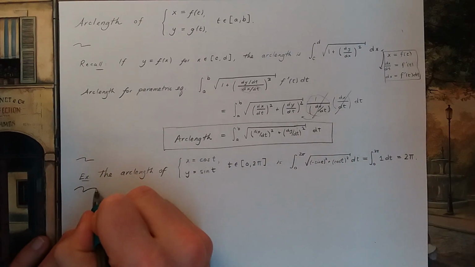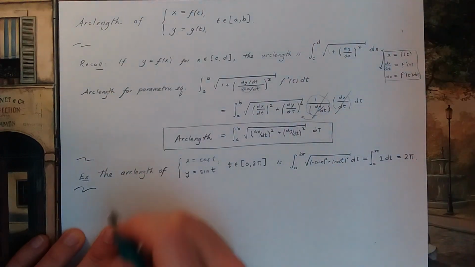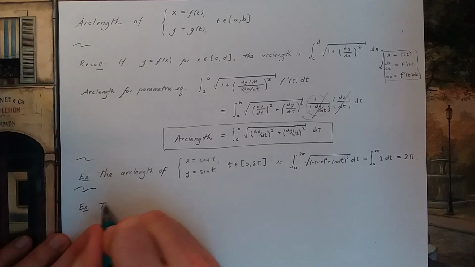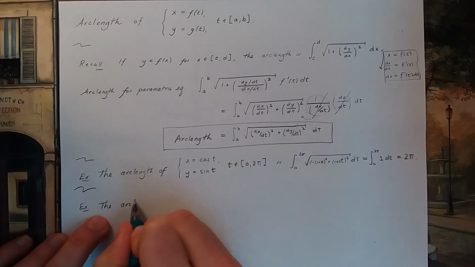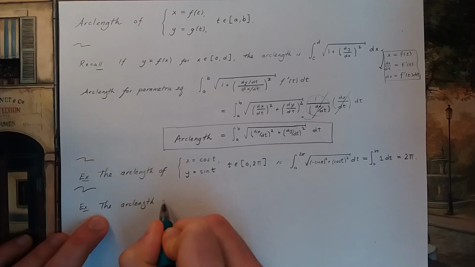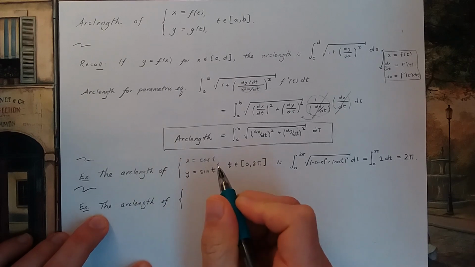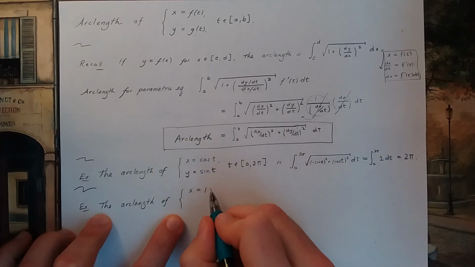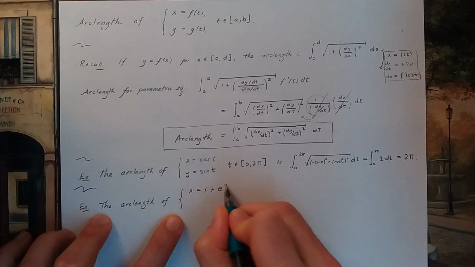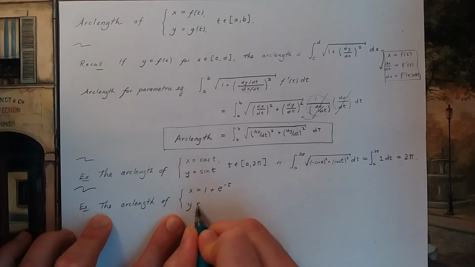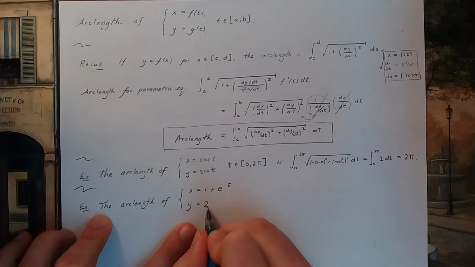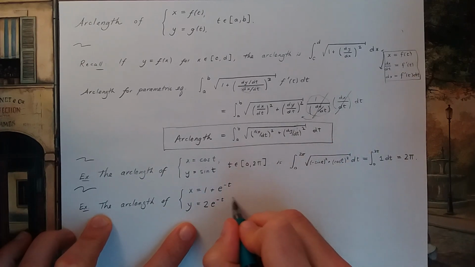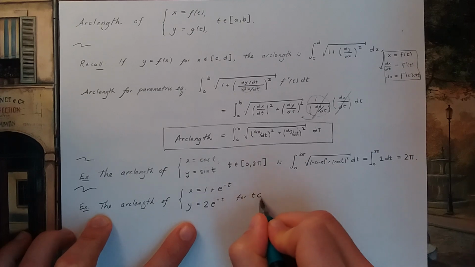Let's do one final example. How about the arc length of the parametric equation x is 1 plus e to the negative t, and y is equal to 2e to the negative t. And let's say t is in between 0 and 1.